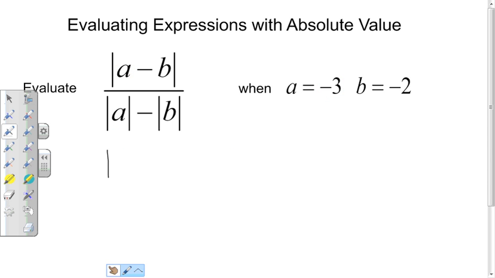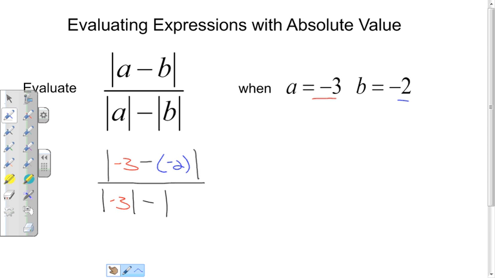So let me take out those pieces here and you'll be able to follow it a little better. I have the absolute value of A, which again is negative 3, minus B, which is negative 2. I don't do any math when I plug in. I just set the problem up because that's a skill in and of itself. All divided by the absolute value of A, which is negative 3, minus the absolute value of B, which is negative 2.